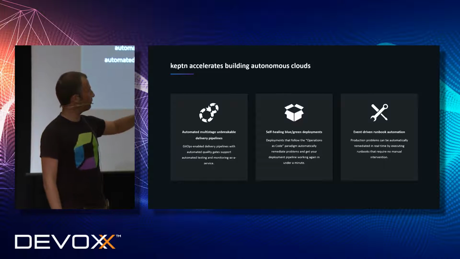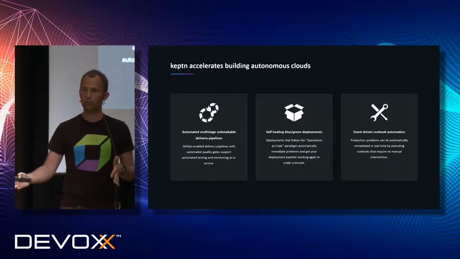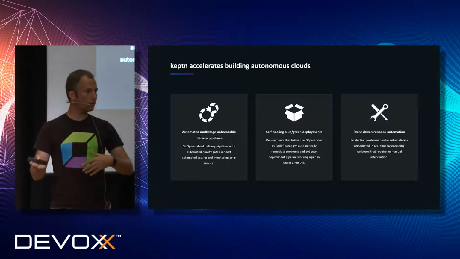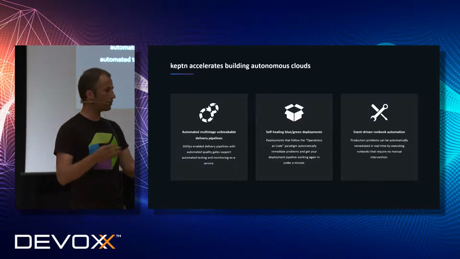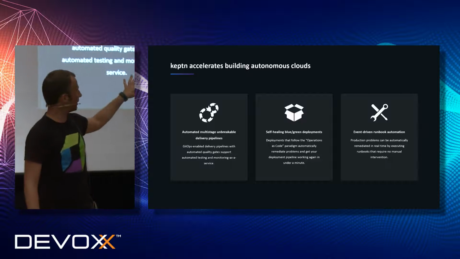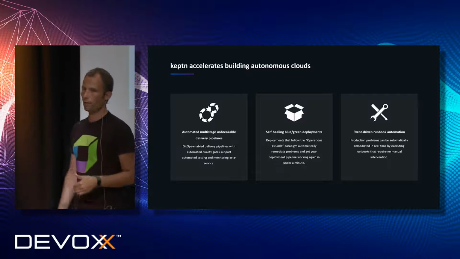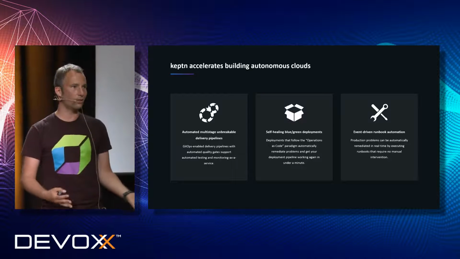We support blue-green and canary deployments, but we don't want the developers to deal with figuring out how to correctly do blue-green and canaries and how to do the traffic routing. We do this fully automatically. And it says self-healing here because if we detect that the blue-green deployment has a problem, if a canary has a problem, we automatically roll back and heal the system.